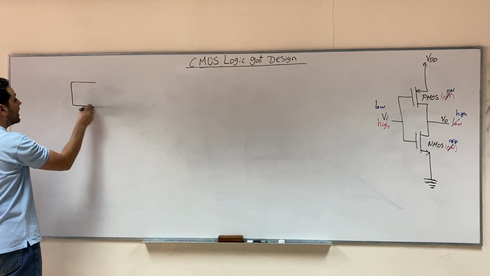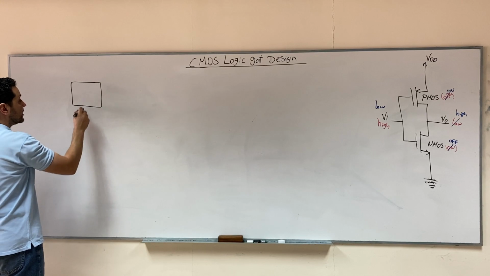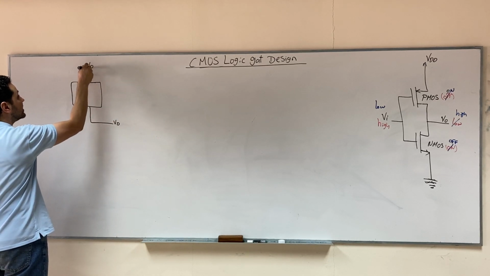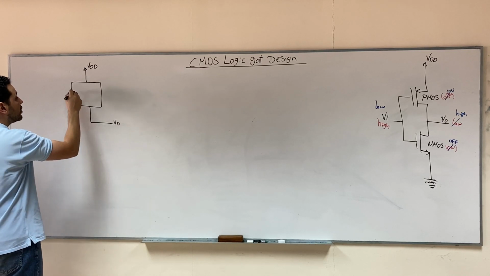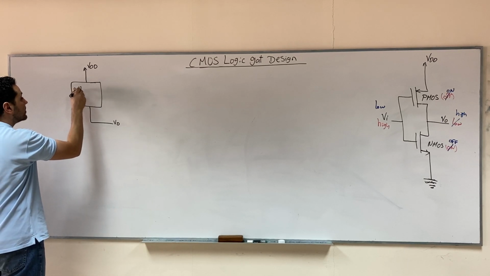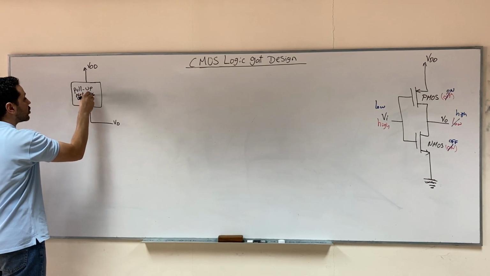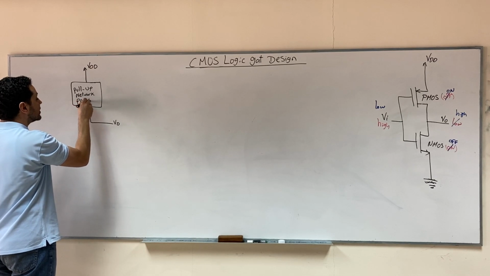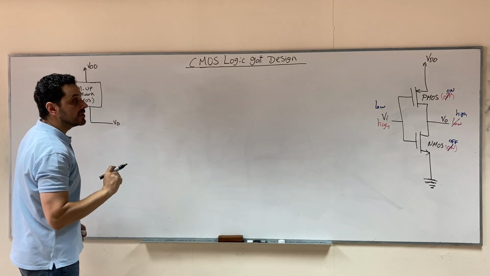Always we'll have one part responsible to connect the output towards the high voltage VDD, and we are going to call it the pull-up network. It consists of a network of transistors, all of them PMOS transistors, similar to the CMOS inverter.